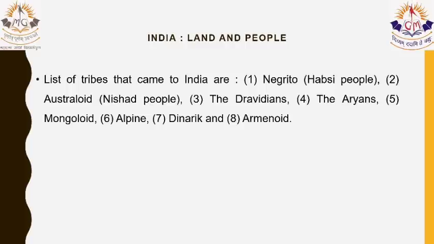Next, the Aryans came from outside India. The fifth tribe was found to be the Mongoloid tribe. The sixth tribe is the Alpine tribe. The seventh one is the Dinaric tribe, and the eighth one is the Armenoid tribe.